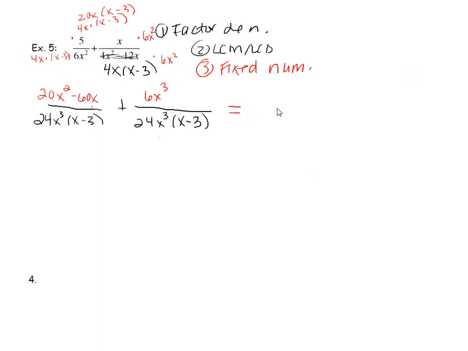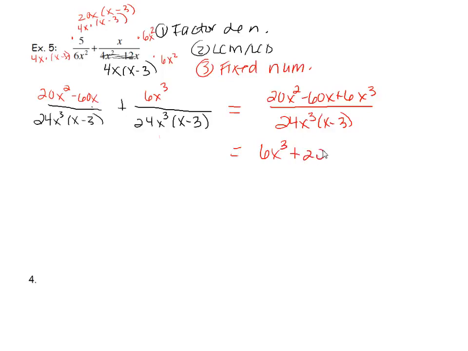Okay, we're going to merge this into one fraction. I'm going to go ahead and take my 20x squared minus the 60x plus 6x cubed. Now, is there anything I can reduce or cancel or anything? Well, maybe just put them in the right order. Now we're going to try to factor this numerator, which I can factor out a 2x.